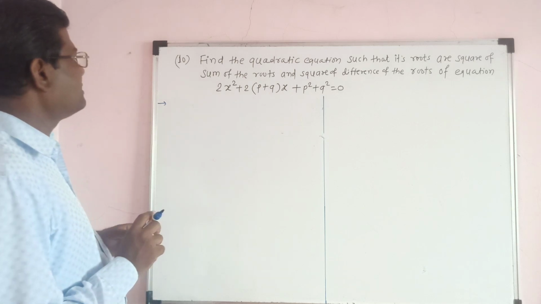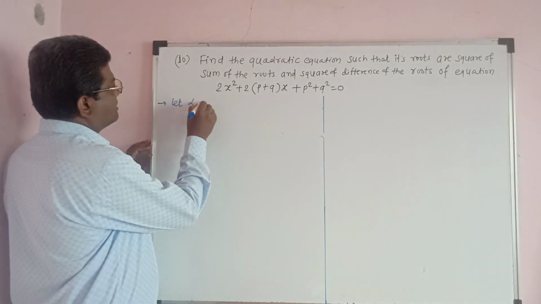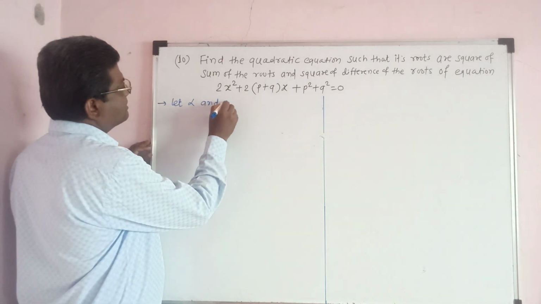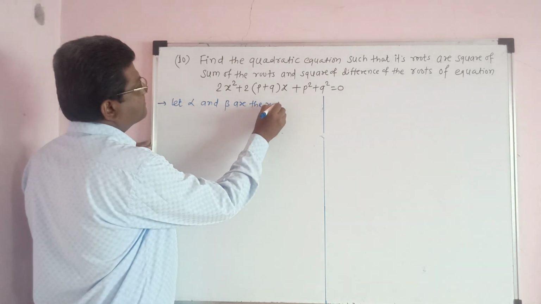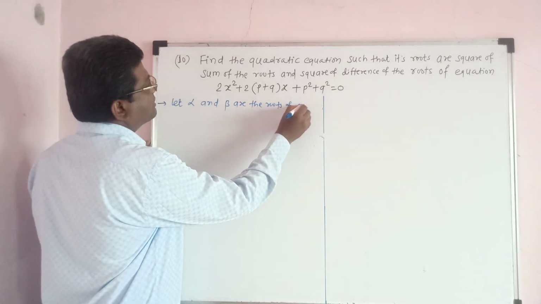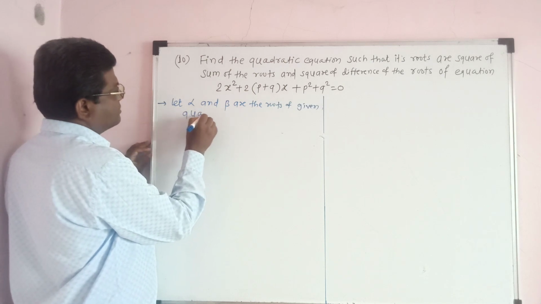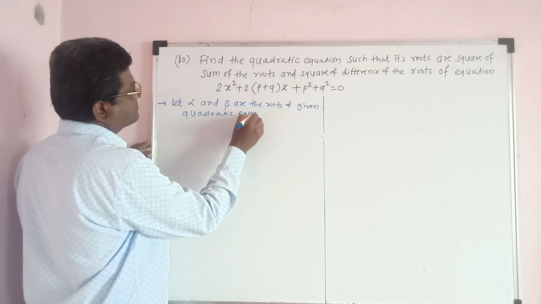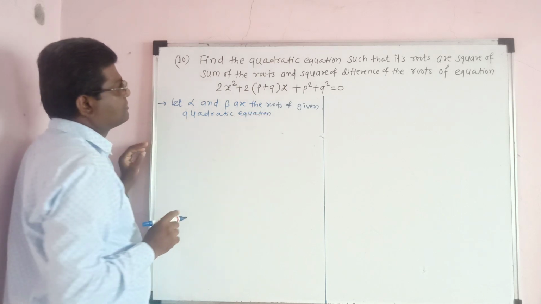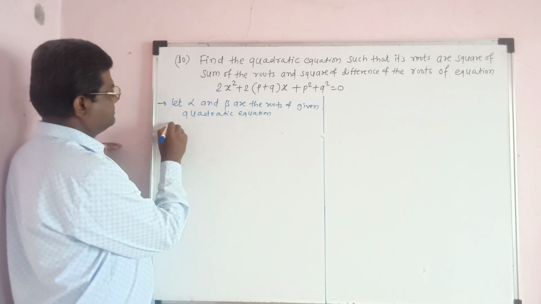Now let us solve this example. Let alpha and beta are the roots of the given quadratic equation. Compare this equation with its standard form.